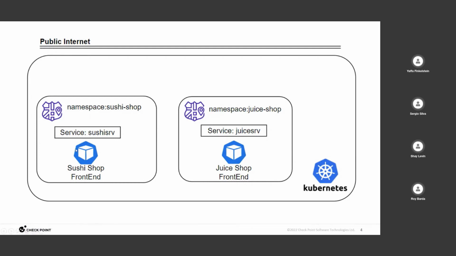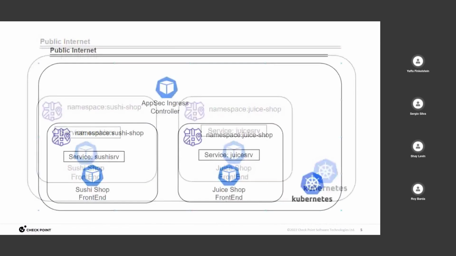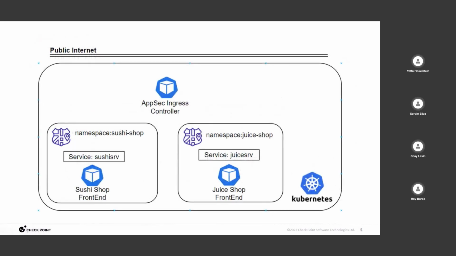So now we have the service and we have the application, and we are ready to move on to the next step. And the next step would be to deploy the AppSec Ingress controller. The AppSec will receive the requests that are coming from the internet, inspect the traffic, enforce the policy, and in case it does not block it, is going to route the traffic to the right destination based on the host header URL.